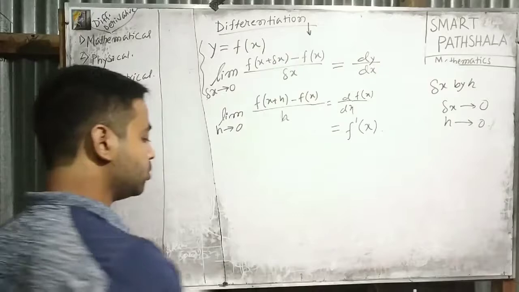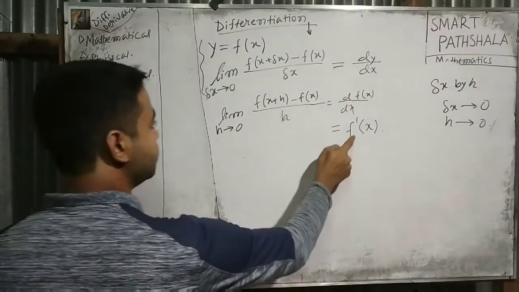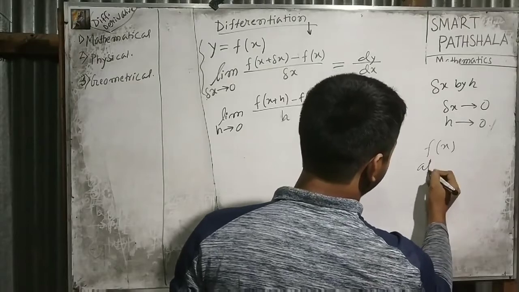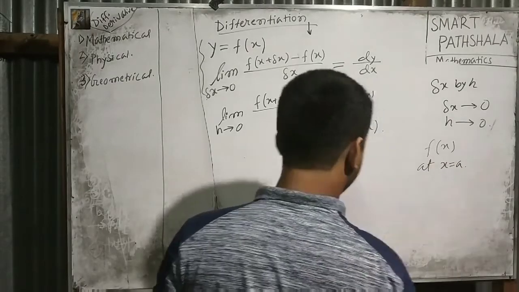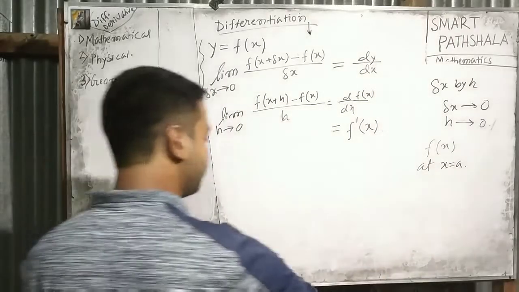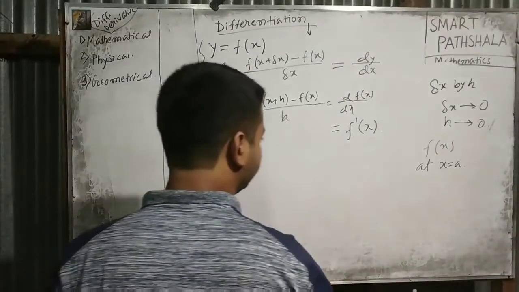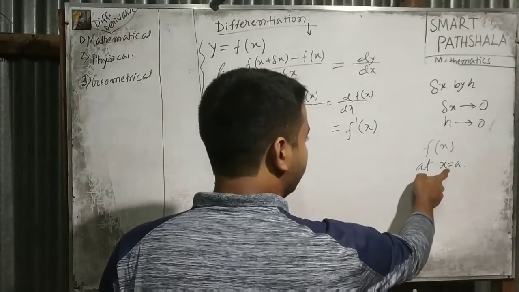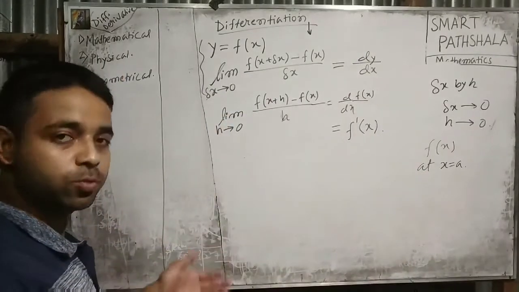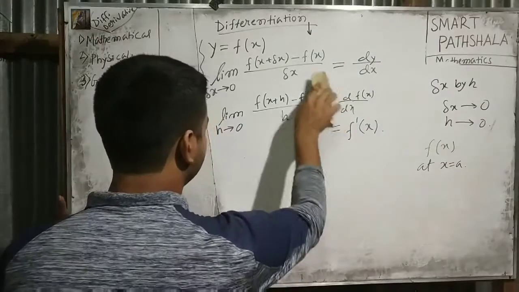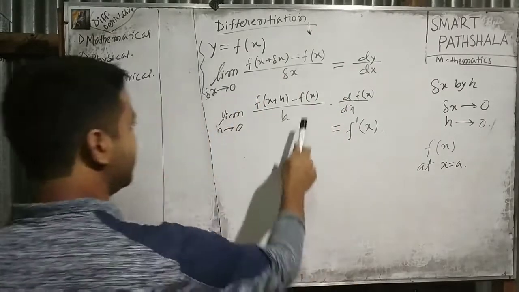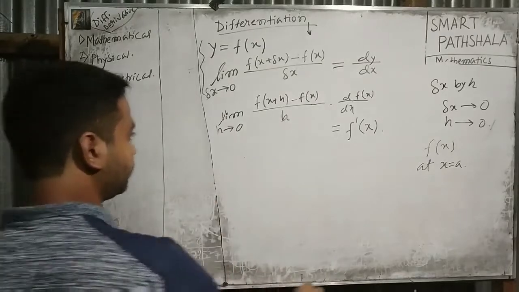Now, suppose you have been asked to find the derivative of a certain function f of x at some point x is equal to a. Cool, you can do this. How? Just put a in place of x in this definition only. Limit of h tends to 0, f of x plus h minus f of x divided by h.